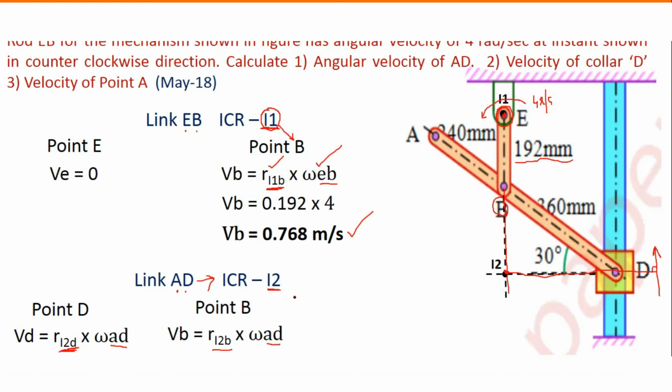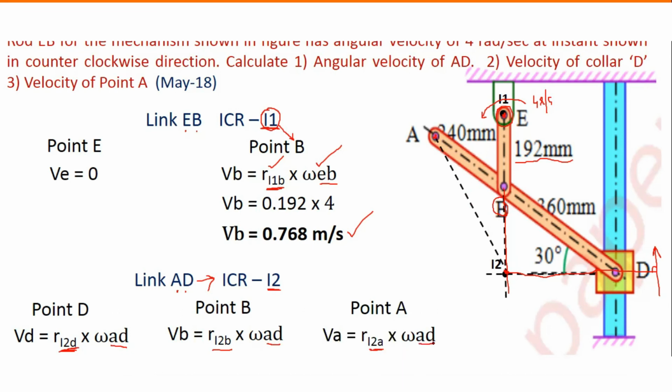Next point is point A. For point A, VA is the distance from I2 to A, but there is nothing drawn here. So I have joined I2 to A, and now I can write the formula VA = R(I2A) × omega AD. That's it.